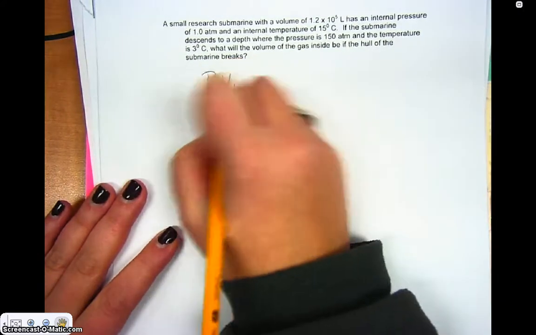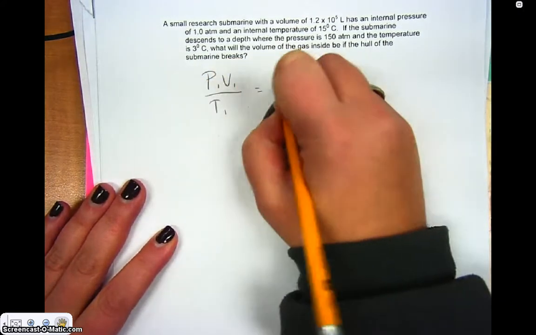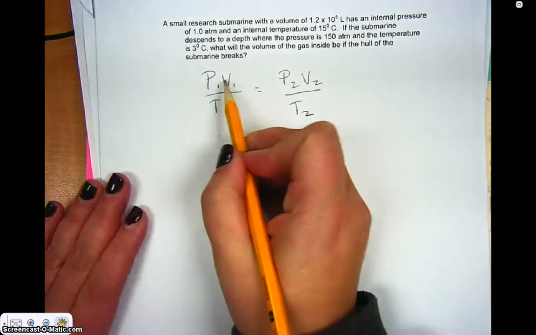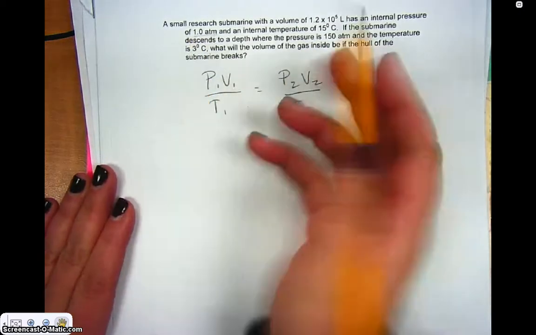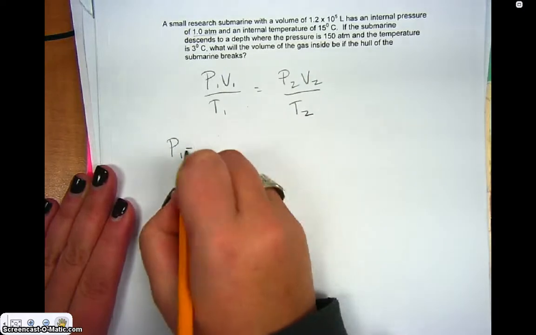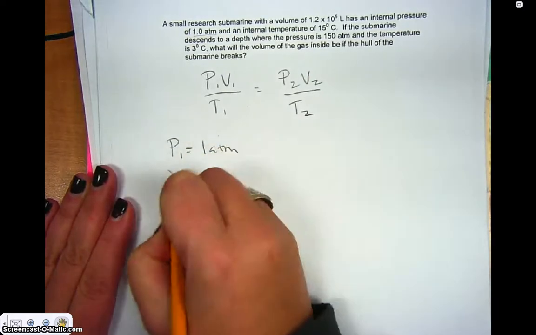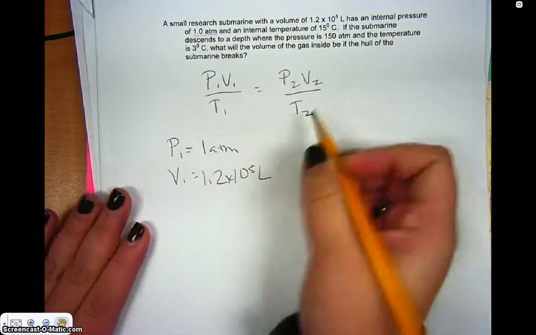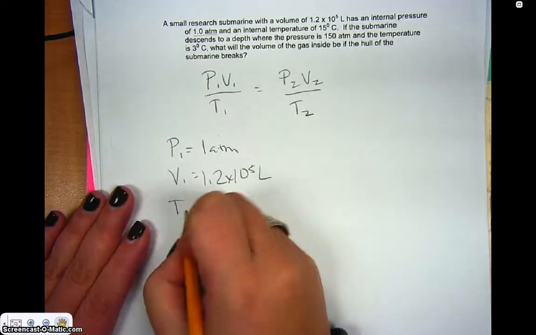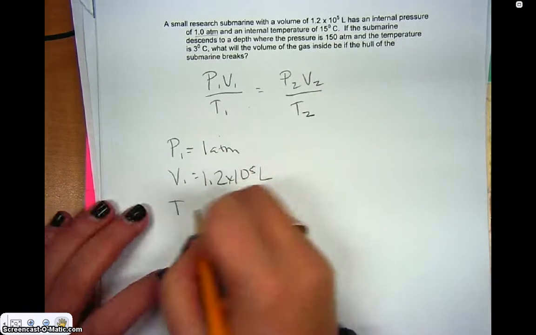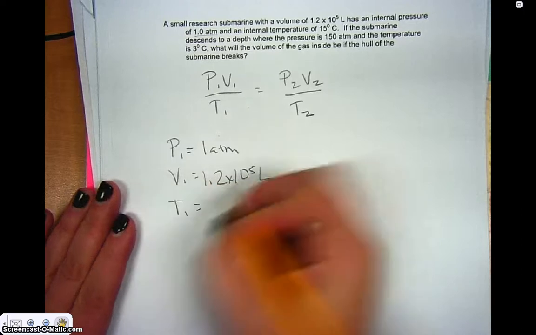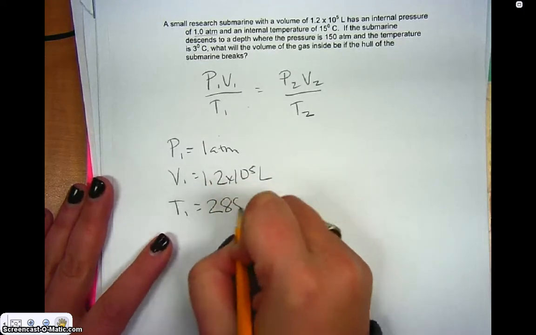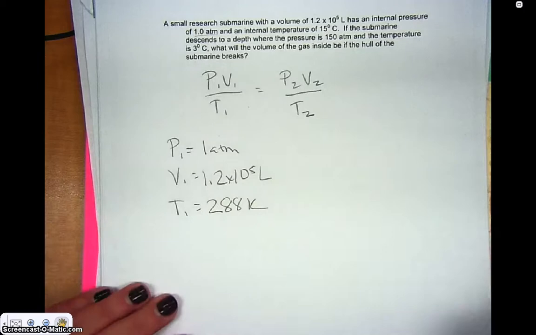So I'll just write it out so we can see here. P1, V1, and T1, and P2, V2, and T2. So the initial pressure is 1 atmosphere. So P1 is 1 atmosphere. V1 is 1.2 times 10 to the 5th liters. And my initial temperature is 15 degrees, but remember I need that in Kelvin, so I'm going to add that, so it'll be 288 Kelvin, right?